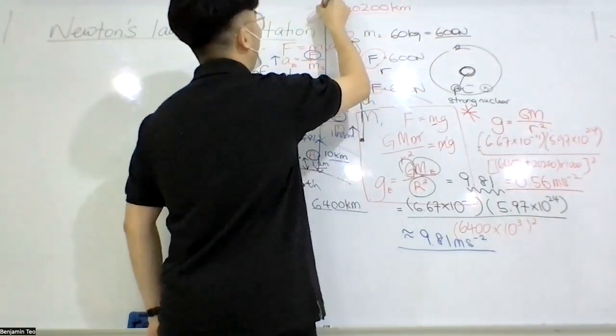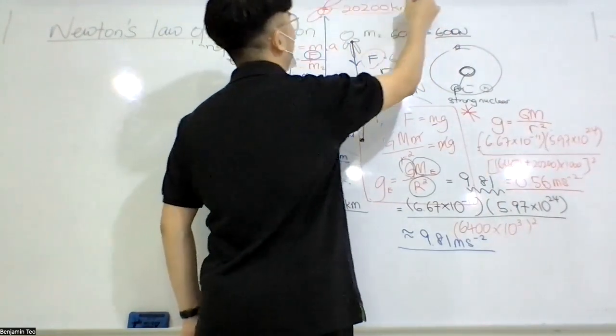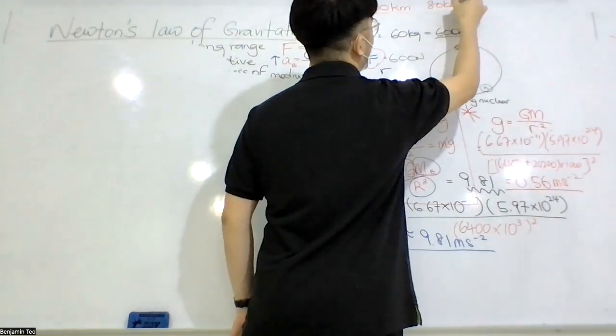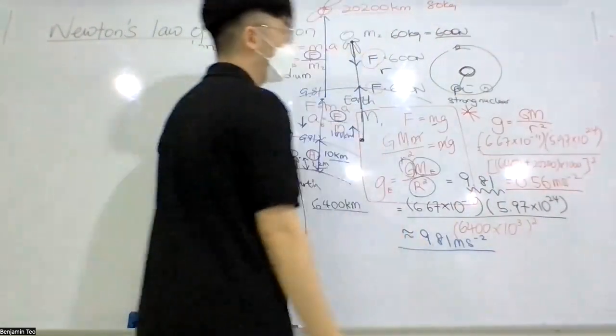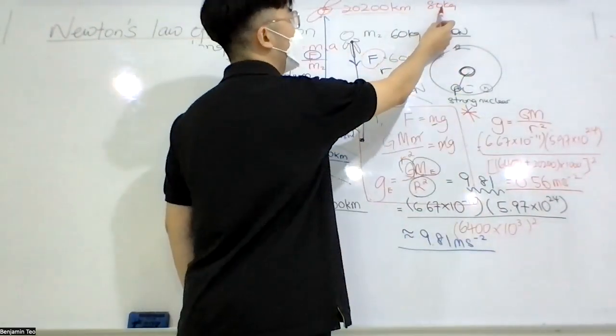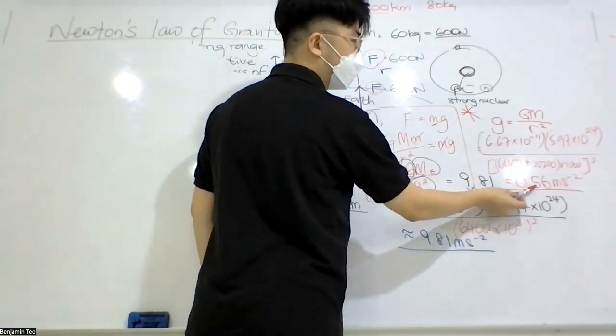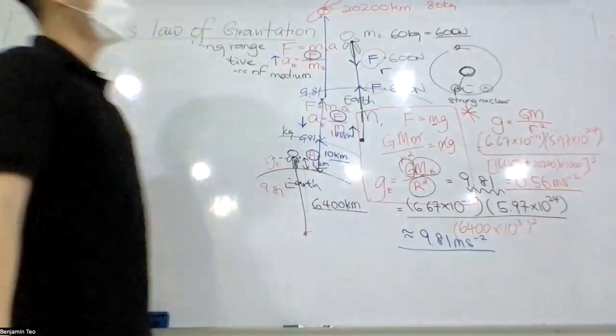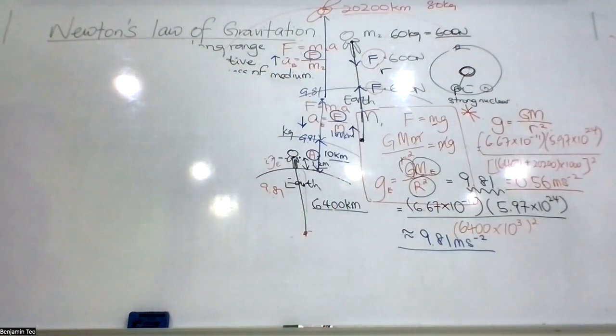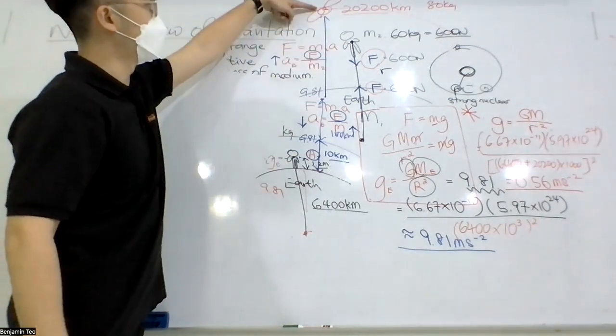if you are here, let's say you're on a satellite, 80 kg. What is your weight? Your weight changes. Your weight is no longer times 10. Your weight is times 0.5. Half. 40 Newton. Okay, so you weigh less when you go up.